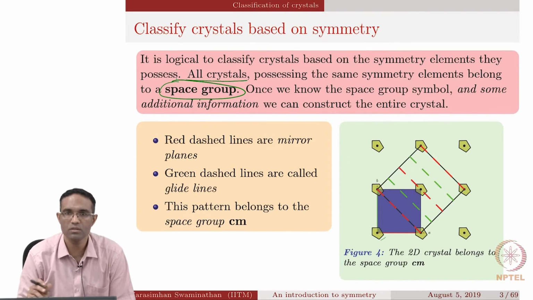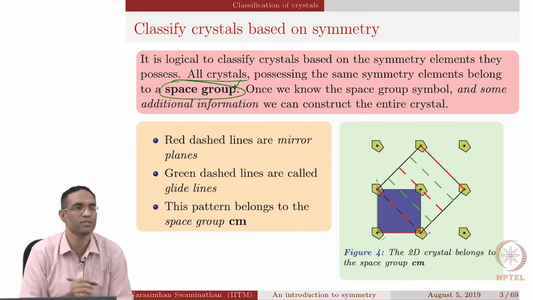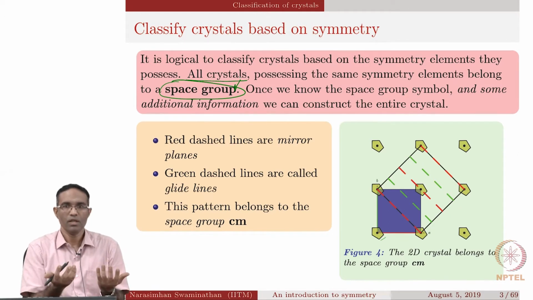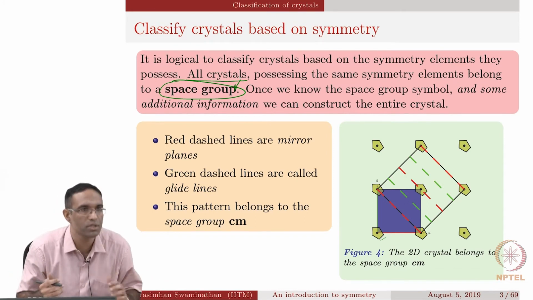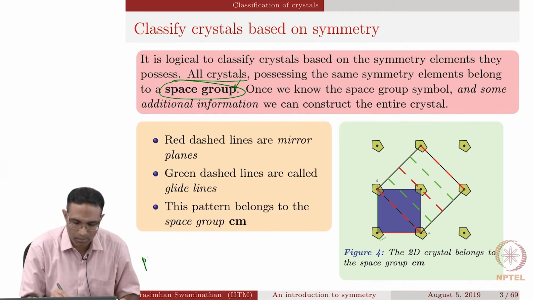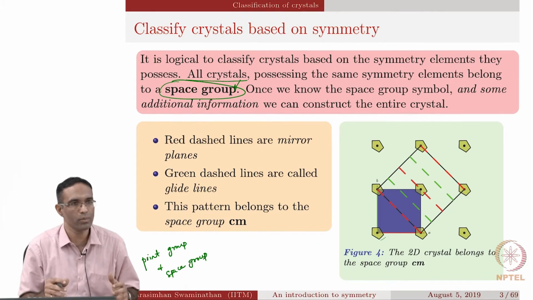From this space group definition, if you remove those symmetry elements which involve translation, you will get a point group. So there are two things here, a point group and a space group. A space group is nothing but a point group with some translation related symmetry operator.